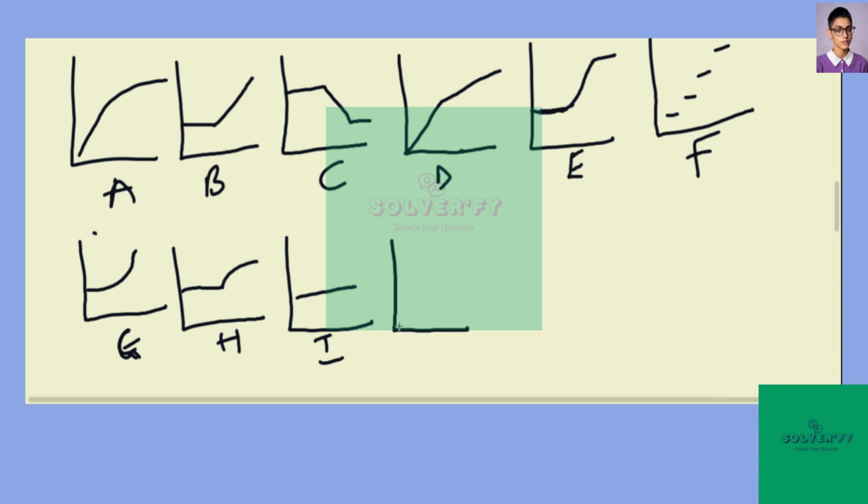J looks like this. K looks like this. And L looks like this.